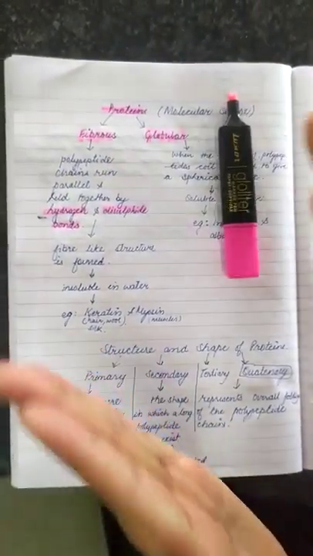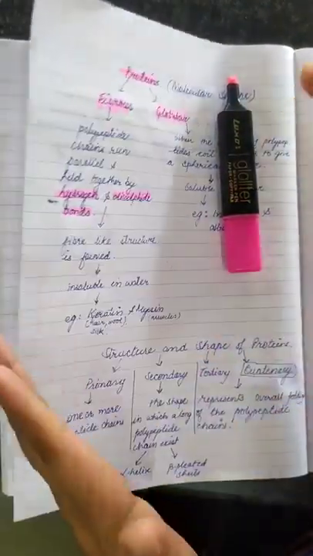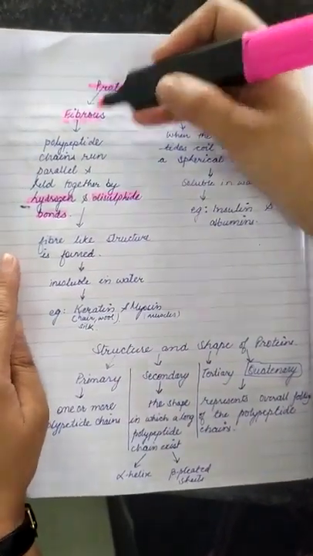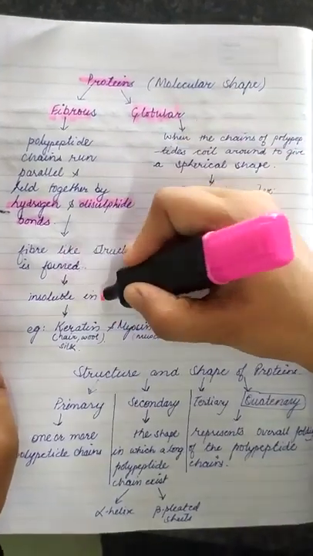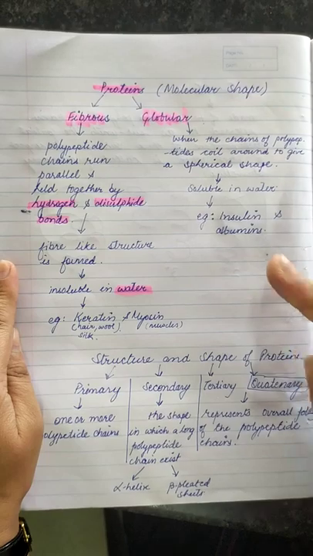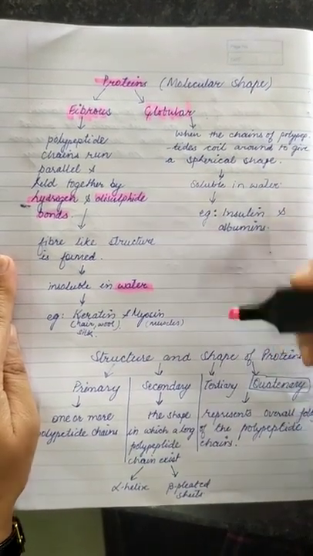When there is a linkage of the hydrogen bonds as well as disulfide bonds, they make fibrous proteins. Fiber-like structure is present in between them and they are insoluble in water, which is very important, you need to learn. The examples are always asked in the entrance exam and in the final exams.